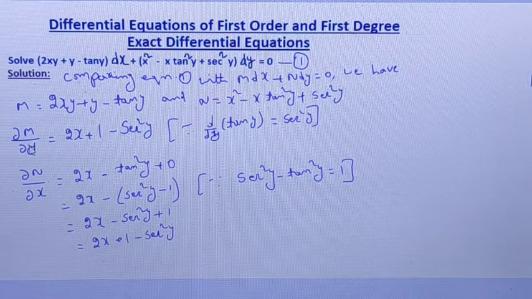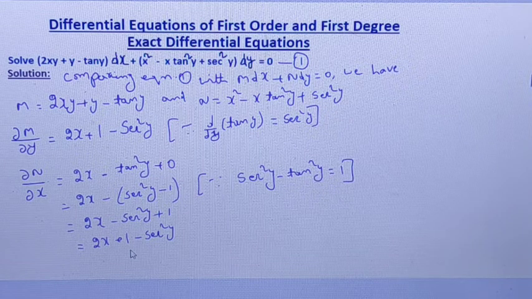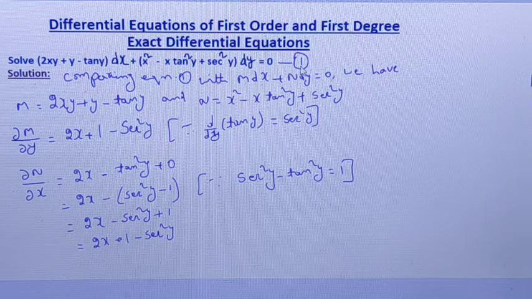So what we have? We have dou M by dou y and dou N by dou x the same. That means the given differential equation 1 is an exact differential equation.